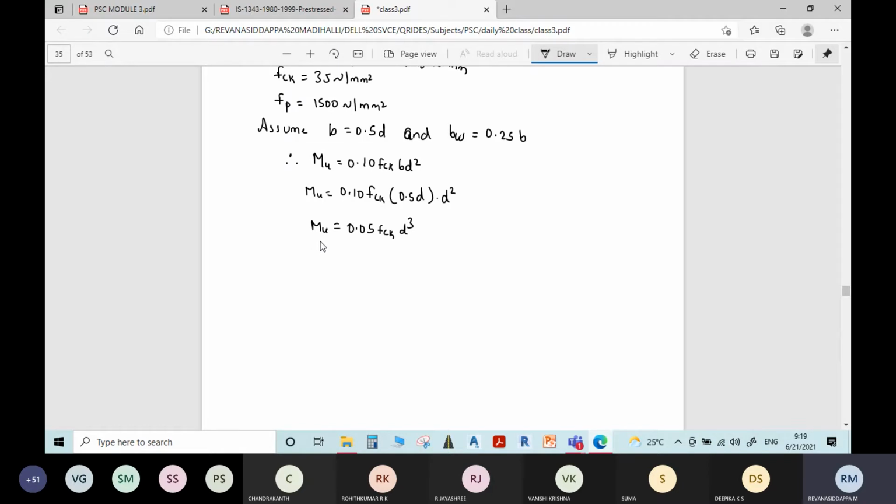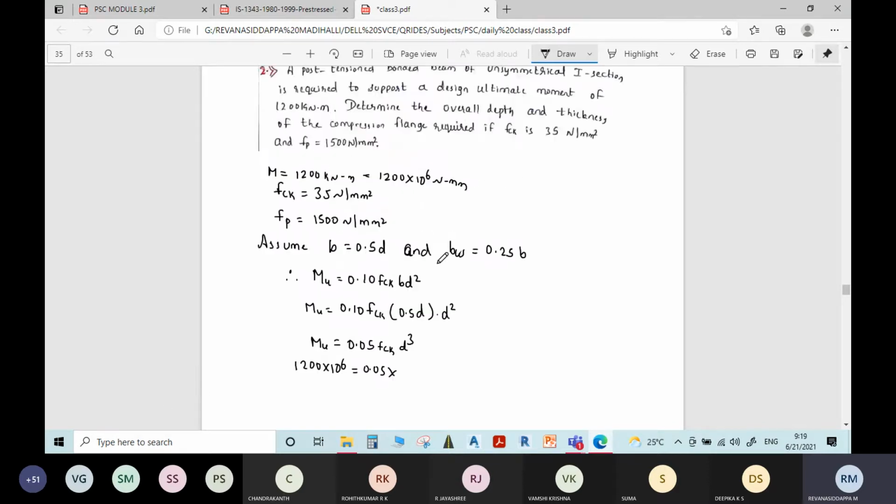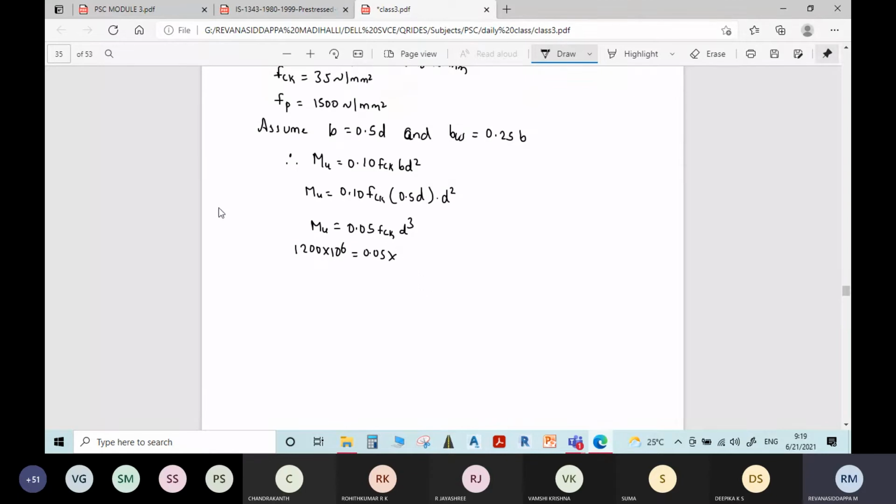So moment is known. Moment, how much it is given? 1200 into 10 power 6. Substitute here. 1200 into 10 power 6 is equal to 0.05, FCK is given as 35 Newton per mm square, 35 into d cube. By this we will get the depth of the beam.